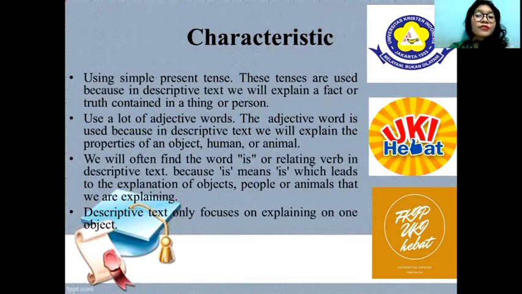And we will often find the word "is," which leads to the explanation of the object, people, or animals that we are explaining. The last is that descriptive text only focuses on explaining one object.